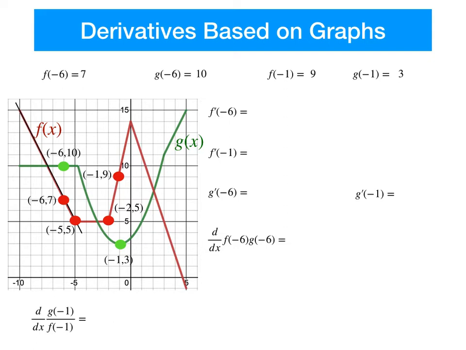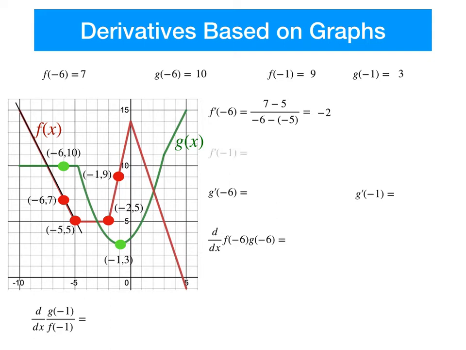In order to find the slope of this line, we have one point, negative 6 and 7. We need to find another point on the line, which is negative 5 and 5. Using the slope formula, we can find the derivative of f when x equals negative 6, which is negative 2.